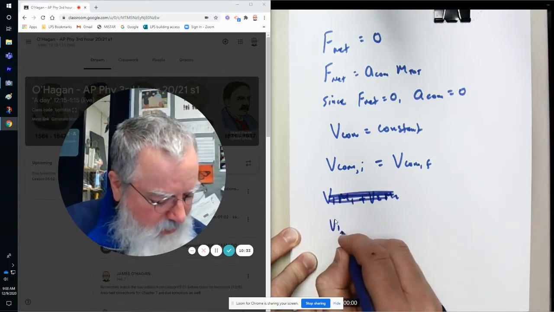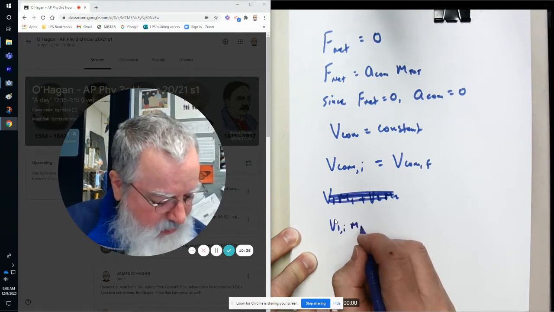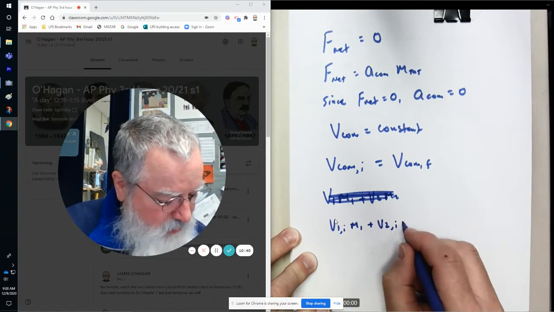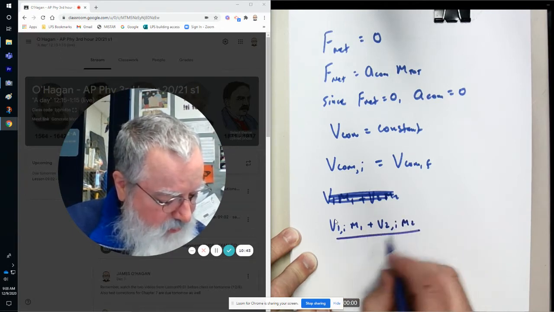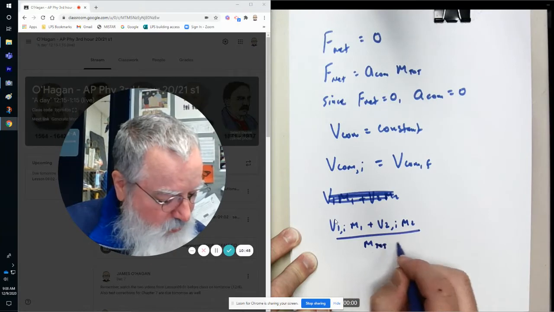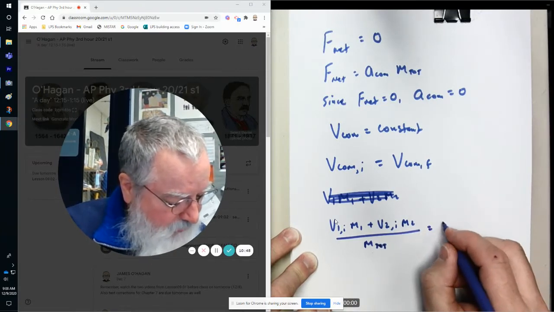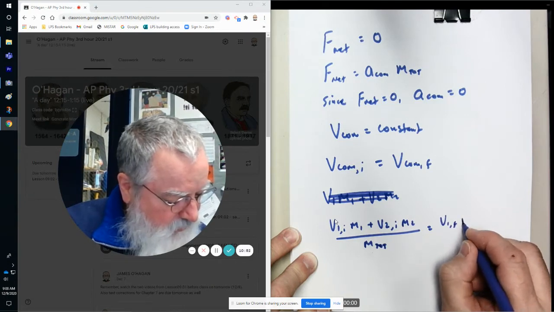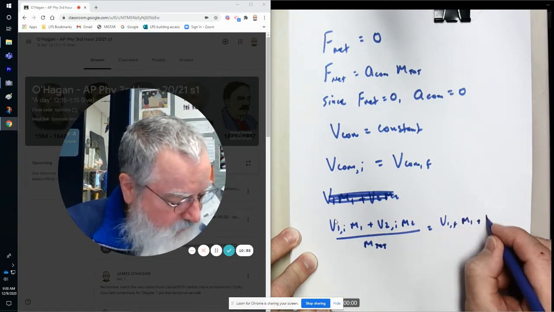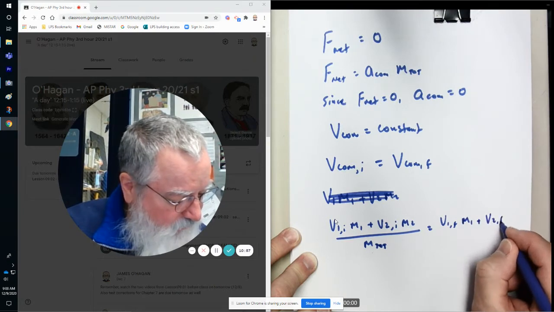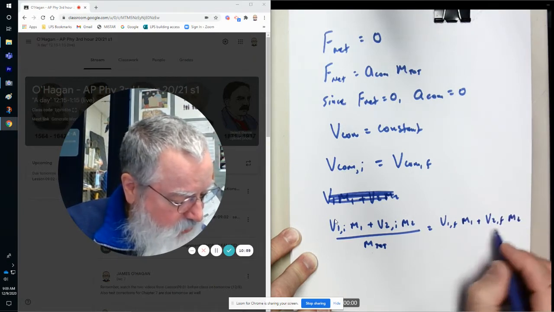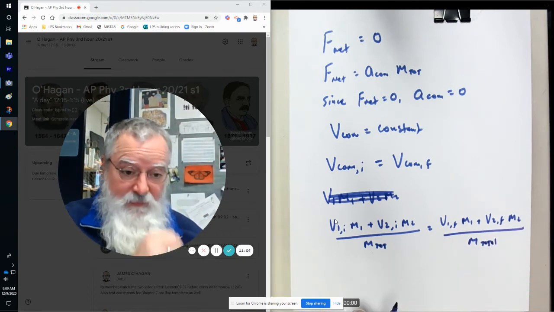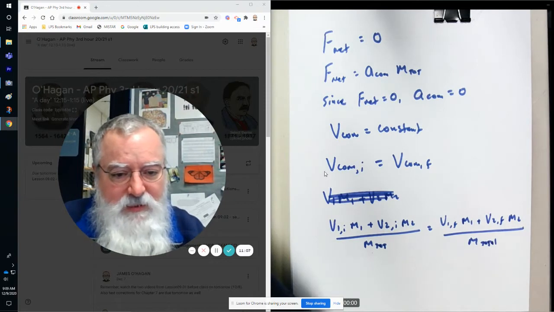Velocity 1 initial, mass 1, plus velocity 2 initial, mass 2, all divided by mass total, must equal velocity 1 final, mass 1, plus velocity 2 final, mass 2, all over mass total. Okay? So the idea here is now let's get that mouse out here.